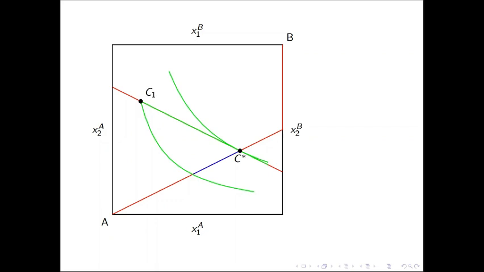Here is the Edgeworth box again. I have drawn the contract curve, the line along which they trade, the budget line, along with the initial allocation and the optimal allocation, C star, and the core, which is the blue line. As you can see, they trade, in fact, along the indifference curve of player B. And this is because we have defined C star in such a way that the budget line is tangent to both of the indifference curves at that point.